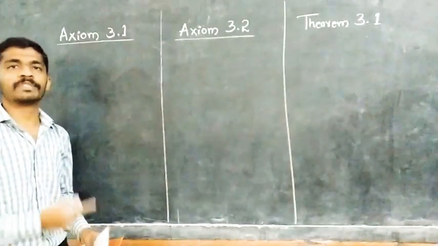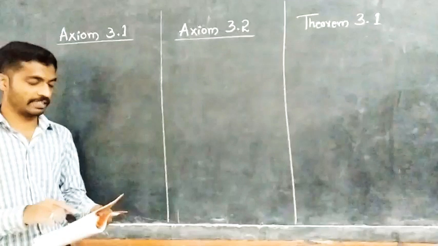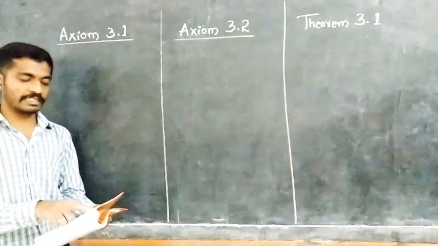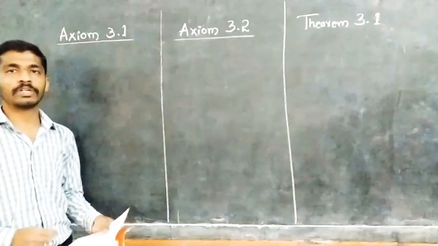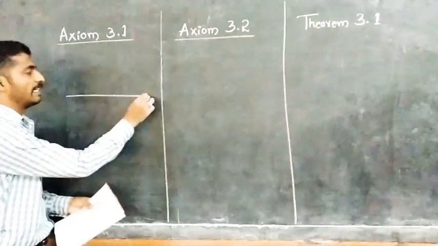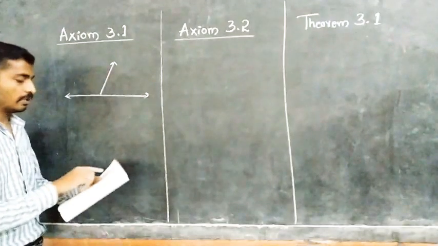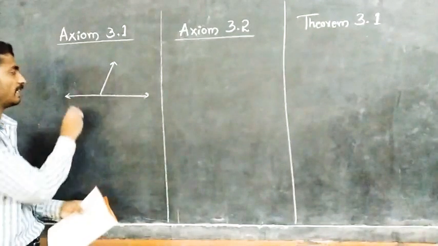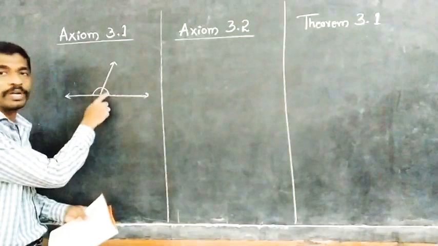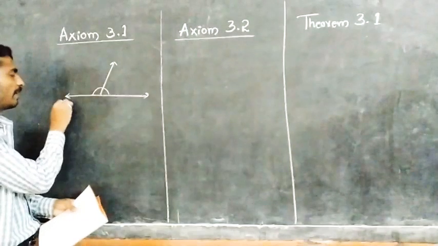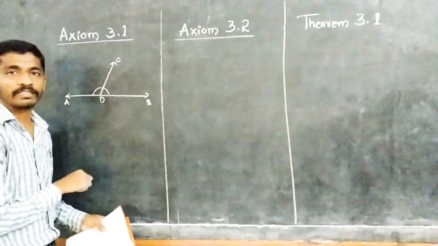Here two axioms and one theorem are there. Let's see the first axiom. I will just read it. If a ray stands on a line, then the sum of two adjacent angles so formed is 180 degrees. So how to identify this? If a straight line is there and on that a ray stands, then the sum of the two adjacent angles, one angle here and one angle here, is 180 degrees. Let's name them. AB is a straight line and CD is a ray standing on it.